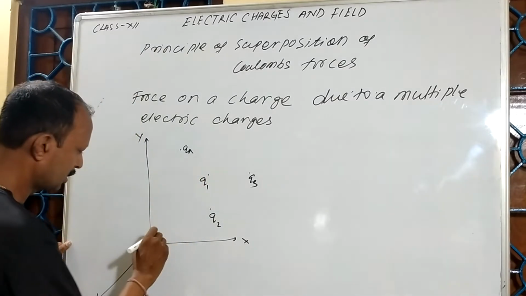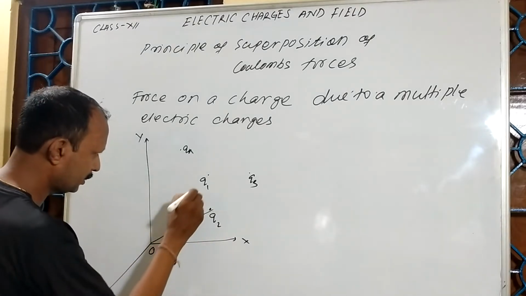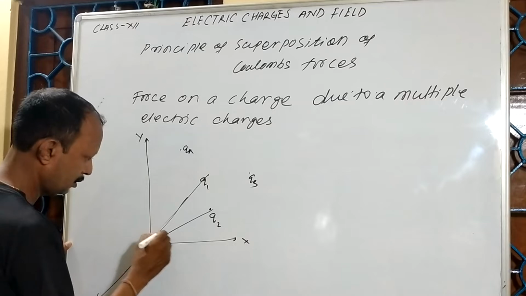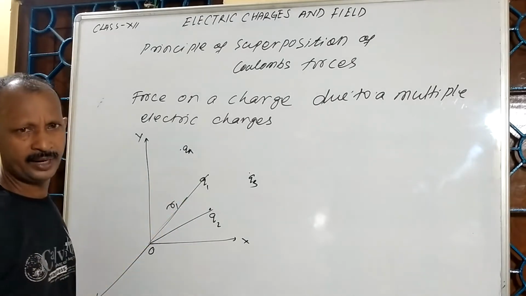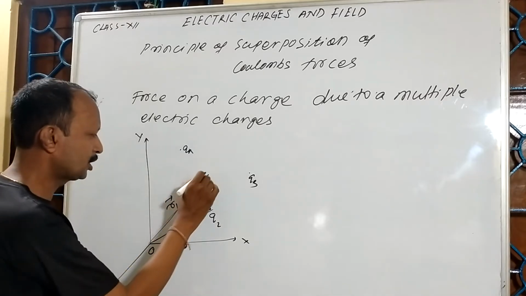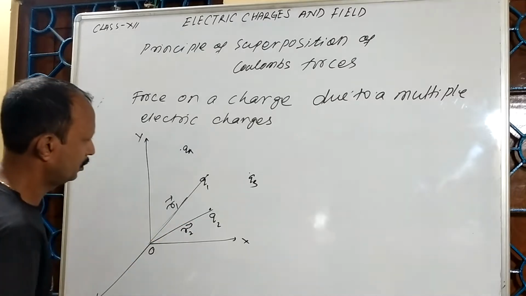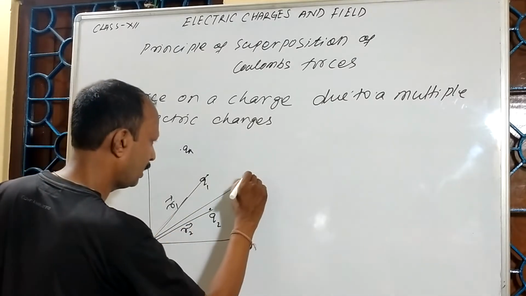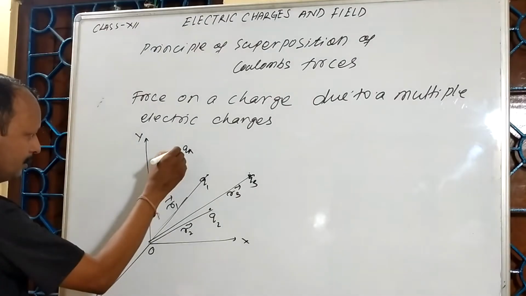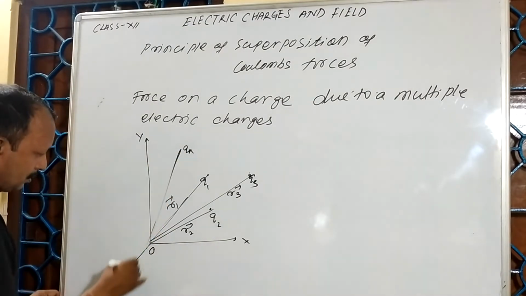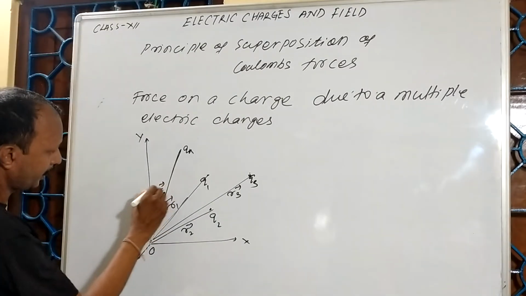Now you see that, suppose R1 is the position vector of the charged particle Q1. I can write this is R2. Similarly, this is R3. This is Rn.